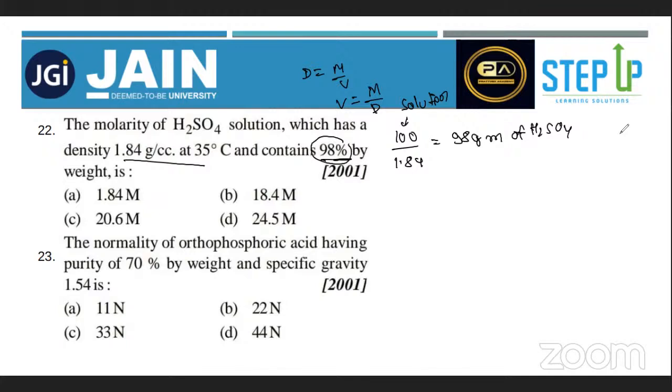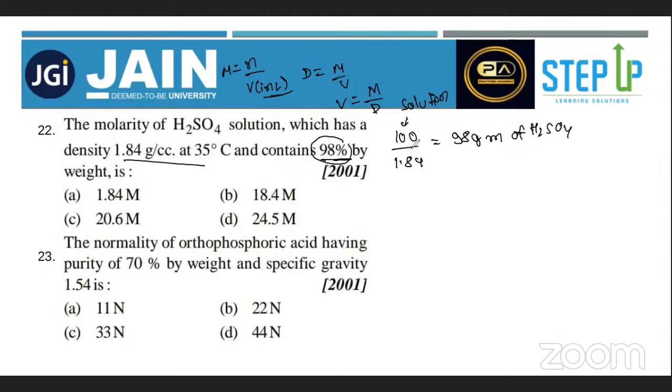Now we have to find it in 1000, because they're asking to find the molarity. Molarity is basically the number of moles by volume in liters. But here the quantity is given in terms of milliliter. 1 liter is equal to 1000 milliliter.